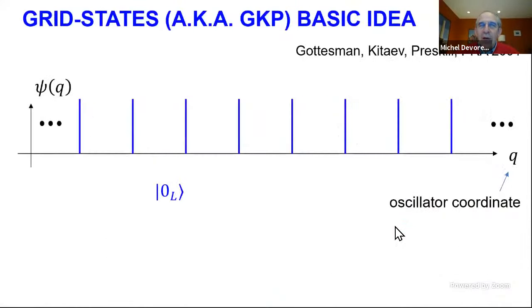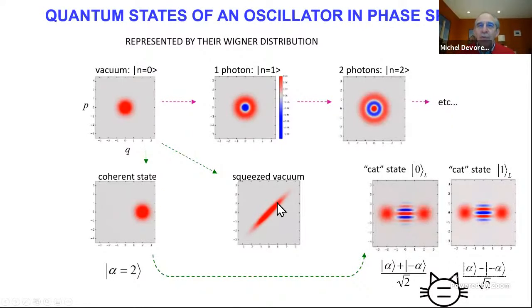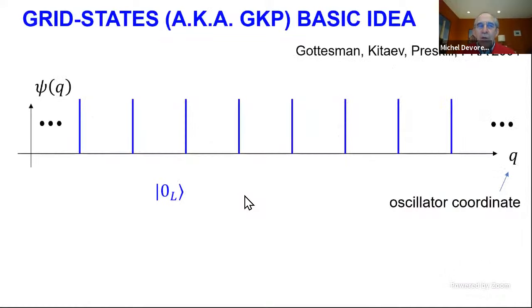Okay, so now having introduced this representation in phase space, which is going to be very useful throughout the talk, I just want to, for a few minutes, tell you about the basic ideas of this GKP code, grid state code. So the idea is that you take the squeezed state. So we are not following the lead of the cat, we are following the lead of the squeezed vacuum here. And we squeeze the vacuum in order to make essentially picket fence wave functions in coordinate space.